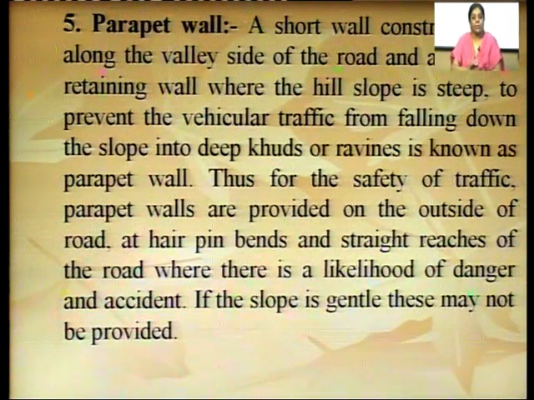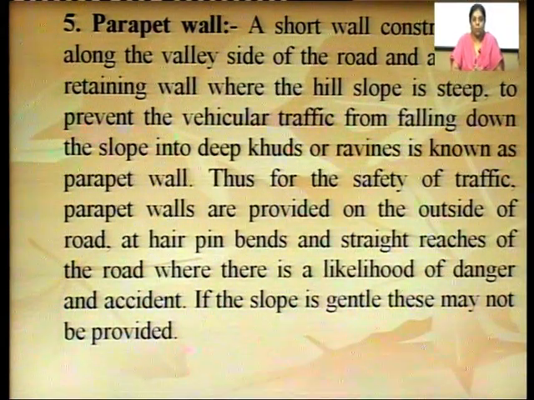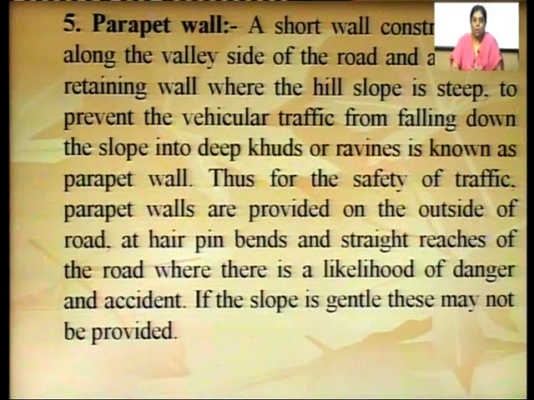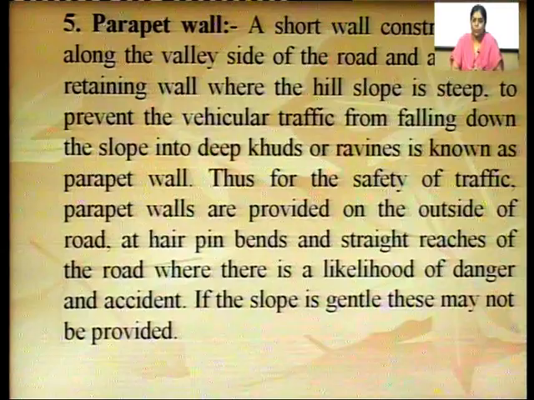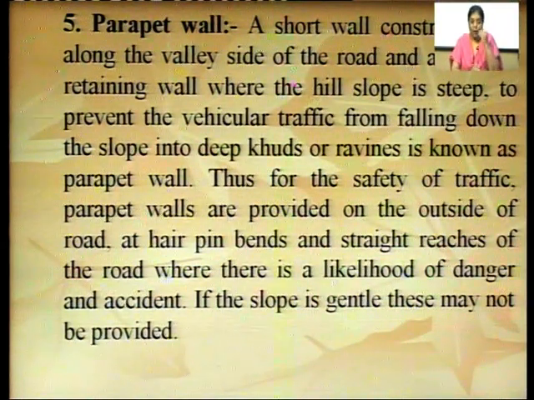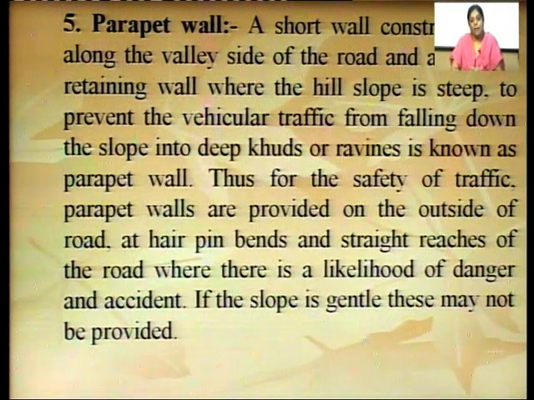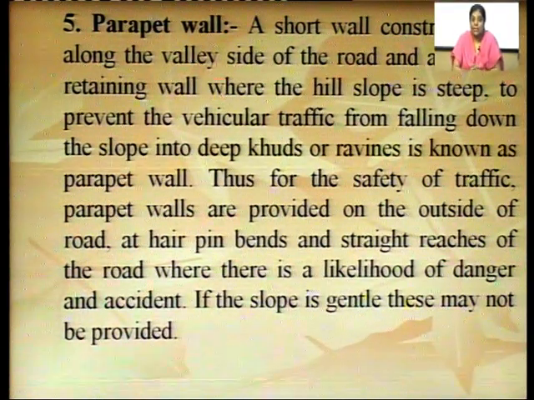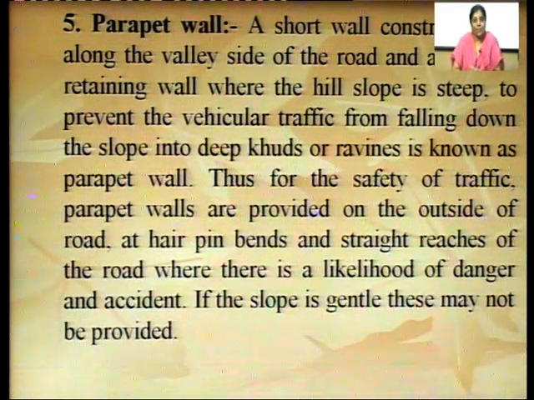So, the next important term is parapet wall. So, what is a parapet wall? A short wall constructed all along the valley side of the road. If you have visited a hill station, then you must know what a parapet wall is. Generally, whenever a parapet wall is built on the road, we feel safe, isn't it?